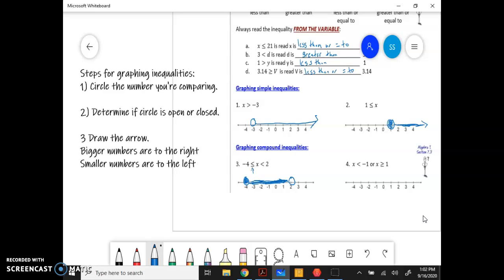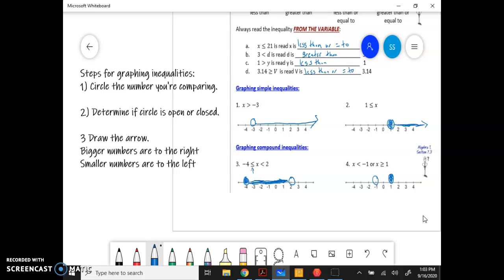So number 4, we've got x is less than -1, so we're going to circle -1, and we're going to circle +1 as well. Determine if they're open or closed. No line, it's open. Line is closed. Now x is less than -1, so the mouth is eating the -1.